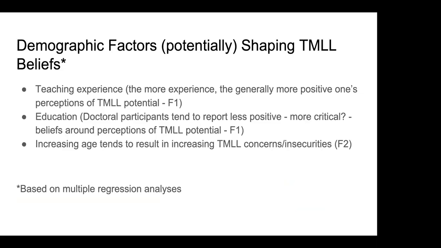And not surprisingly, increasing age tended to result in increasing concerns or insecurities about technology, even though we have to take this with a grain of salt, because I've seen teachers who are older who use technology way more than some younger teachers. So we have to be careful of that digital native-immigrant binary that was proposed years ago in the literature and is increasingly critiqued, because it really isn't always the case.